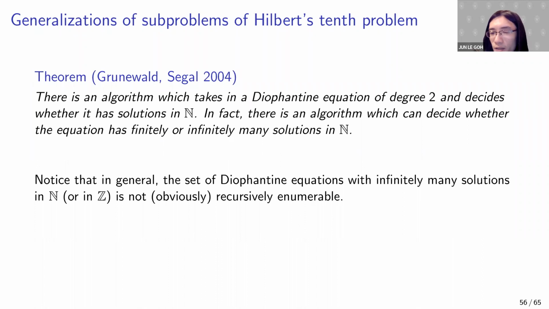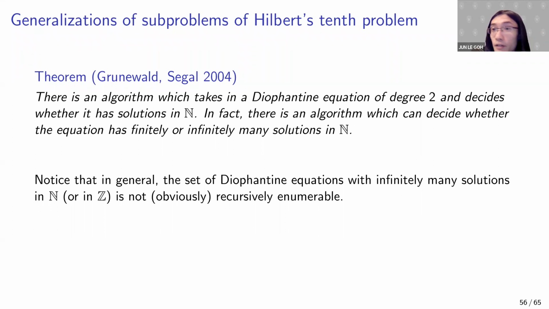Figuring out whether an equation has a solution is a recursively enumerable thing, in the sense that you have the equation in front of you, you just try each tuple of numbers, and you can try all of the tuples. And if there's a solution, you're going to find it eventually, and you can halt and figure out that there is a solution.